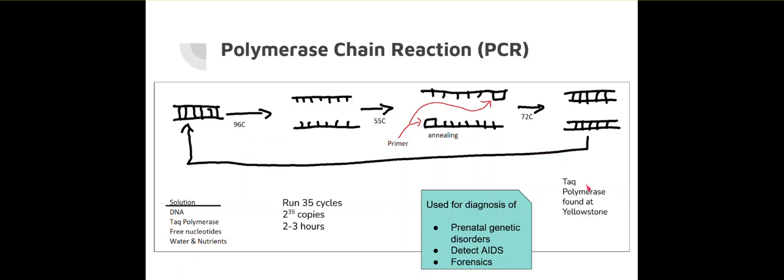The interesting thing is they needed a polymerase that could survive at these hotter temperatures. And where they found it was at Yellowstone. This Taq actually stands for Thermus aquaticus, which is the name of this microbe that lived in the hot water in the hot springs at Yellowstone.